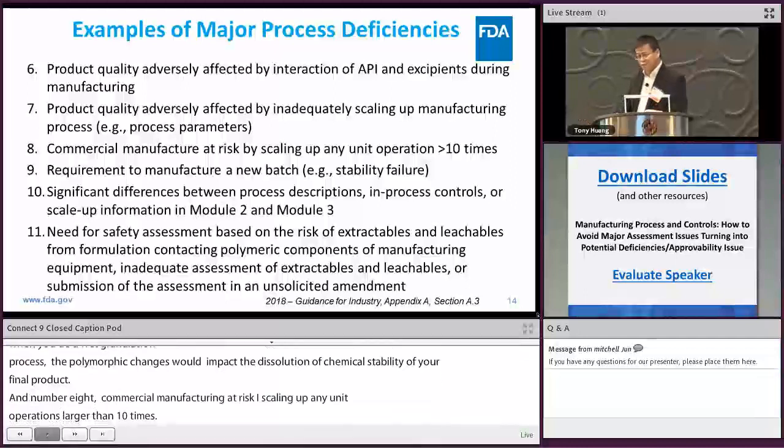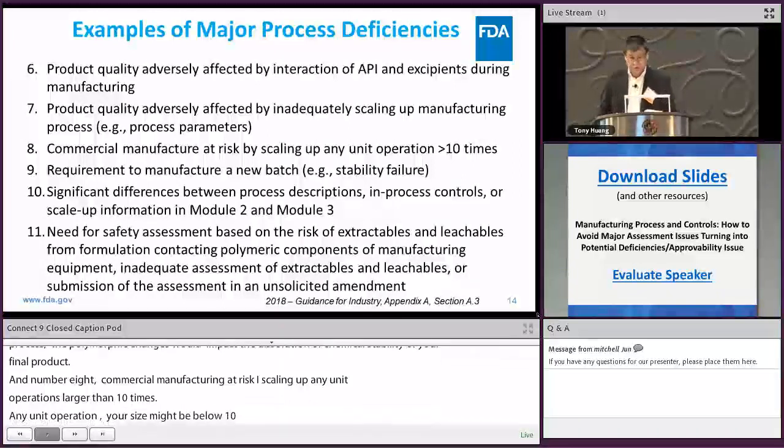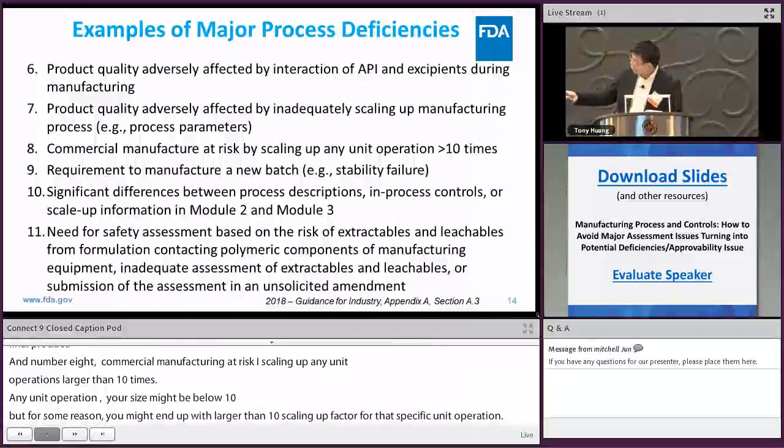Any unit operations adopted in your manufacturing process, your commercial batch size might be well below 10, but for some reason, like you use sublots, you might end up with a larger than 10 scale-up factor for that specific unit operation, and you will get a major for that. I will have a case study for that example.